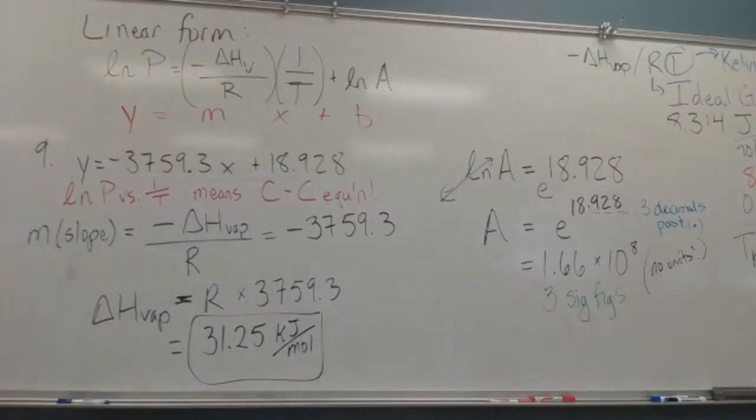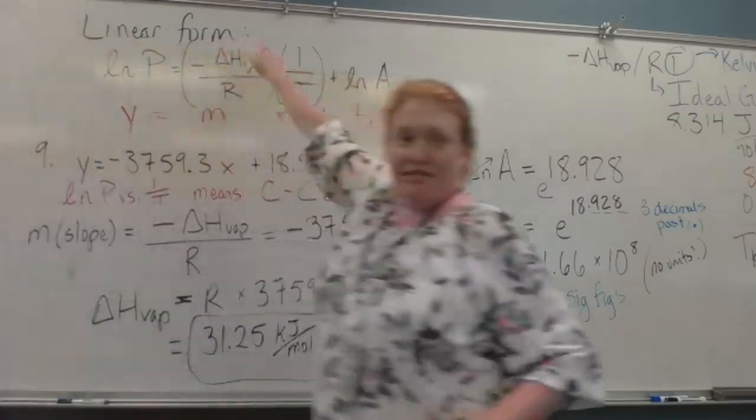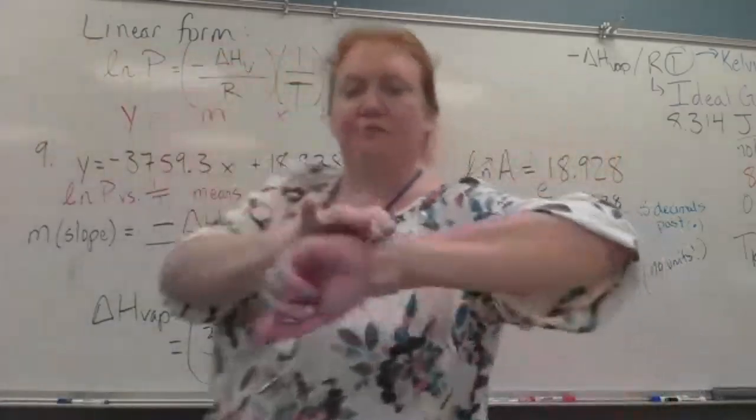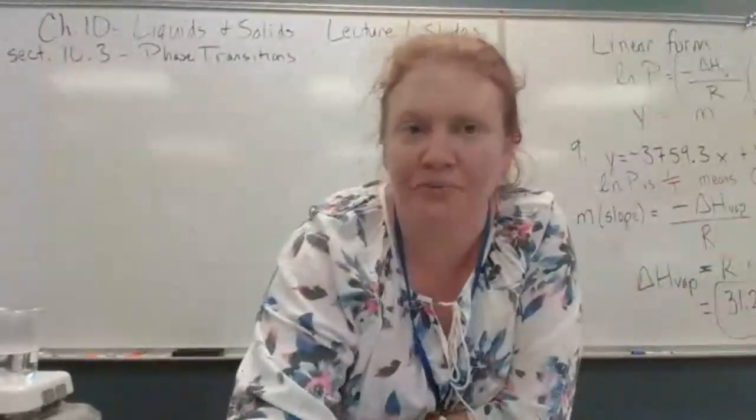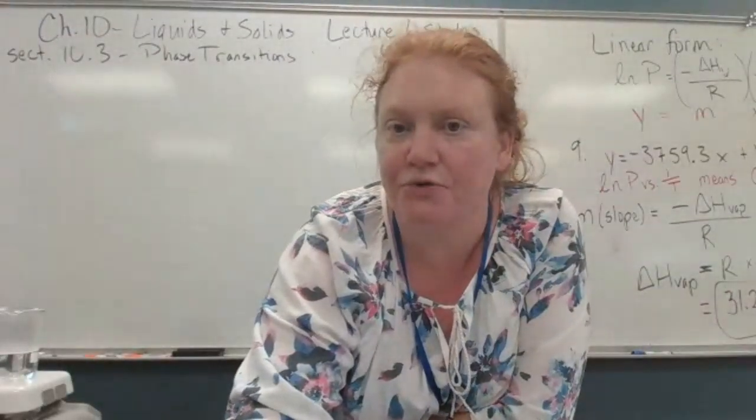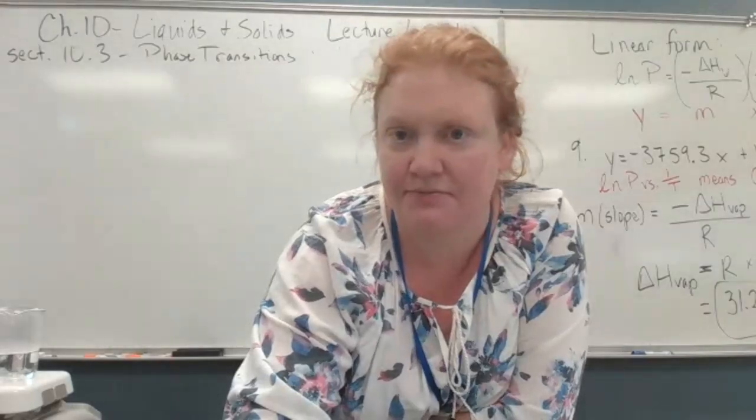Let's try a different form of the Clausius-Clapeyron. Let's try the 2-point form. You guys should see that on your sheet. You guys see the 2-point form on your useful study sheet?